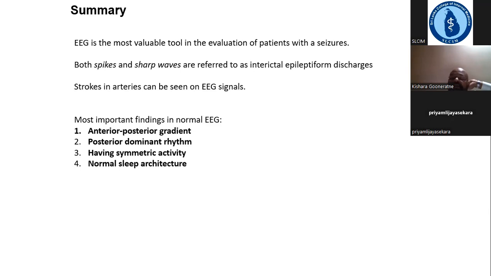You need to appreciate the anterior to posterior gradient, the posterior dominant rhythm, and see whether the background frequency is symmetrical or not, and if the patient goes to sleep, whether there is normal sleep architecture or not.